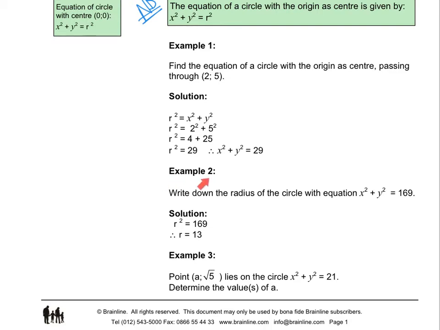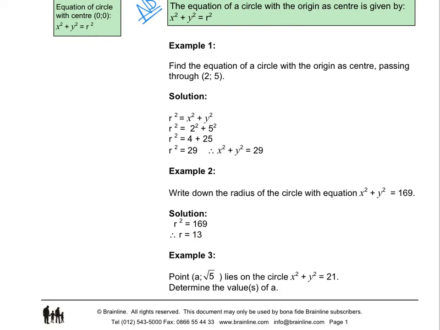In example 2, we are now asked to determine the radius of the circle when the equation is given to us, x squared plus y squared equal to 169. Now we know that r squared is equal to 169.